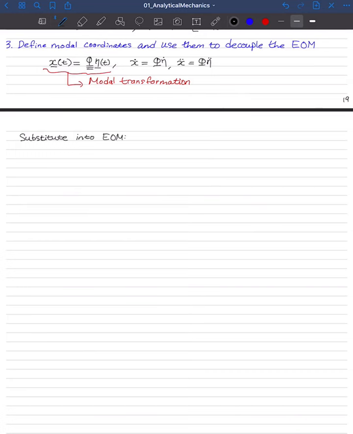This will give, in the first case, m times phi times eta double dot plus, and at this point we're going to insert our proportional relationship for the damping matrix. So we'll have alpha m plus beta k, and then this is times phi times eta dot plus k times phi times eta is equal to f of t. Next step is to pre-multiply by phi transpose.